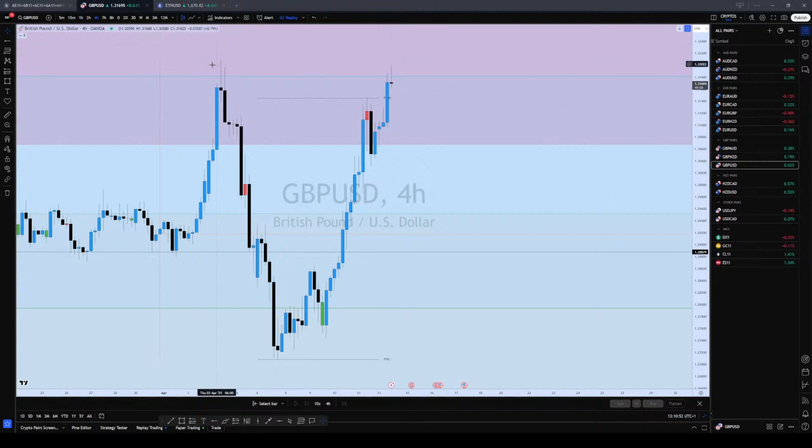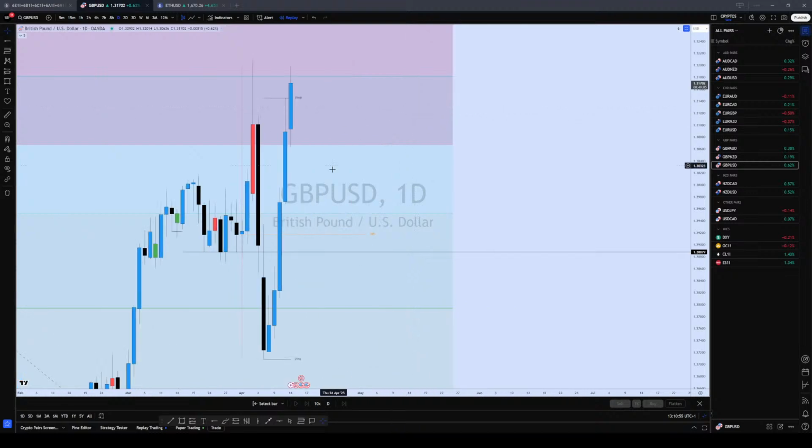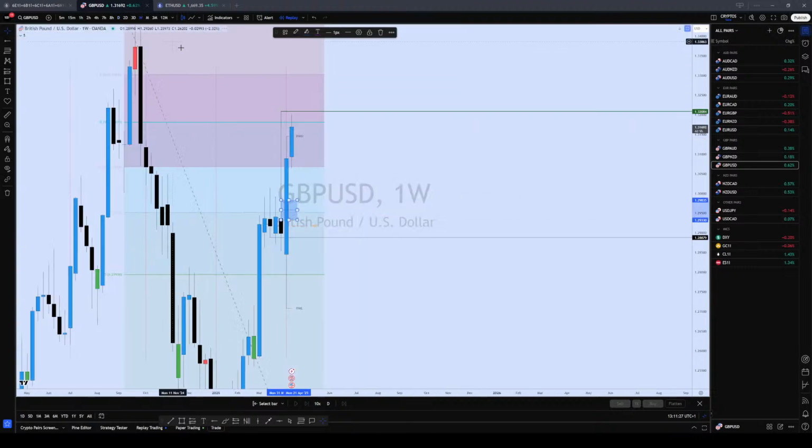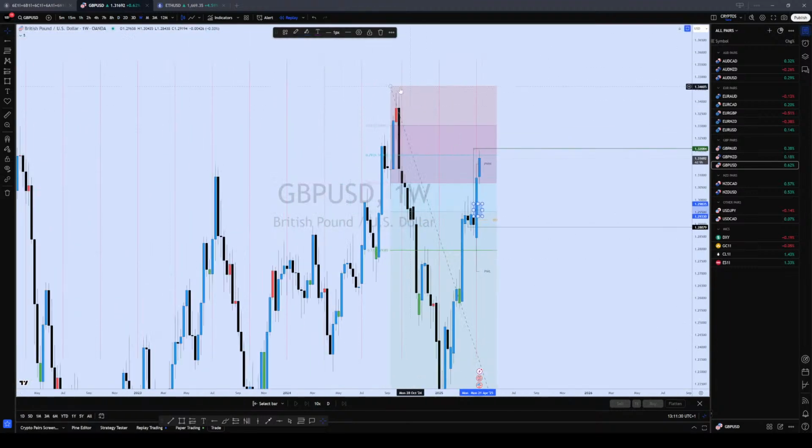I'm a bit surprised, but it's okay, because I didn't expect them to go all the way up, because then it means we are really bullish on the British pound, unless as soon as they go above this high they're gonna reject, because for them to take out the previous 3 months high and then break structure with a fair value gap and then go back above it, that is a sign that British pound might really climb higher and probably challenge this high.